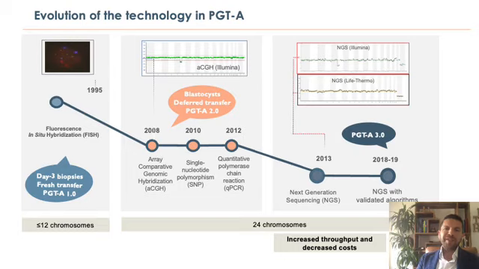To get to this point, the field of PGT-A went through a significant evolution of the technology, not just at the embryo biopsy stage, but also in the genetic laboratory, where we started with fluorescence in situ hybridization, looking for few chromosomes in interphase nuclei with very questionable technical accuracy. Then we moved through more comprehensive chromosome testing technologies, able to capture the whole spectrum of aneuploidies in human embryos, like macroarrays or quantitative PCR.